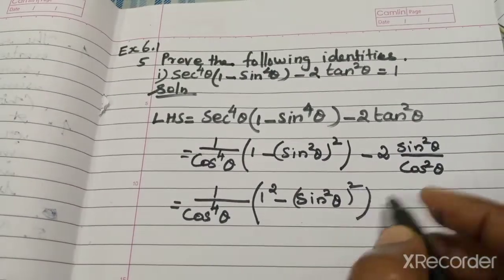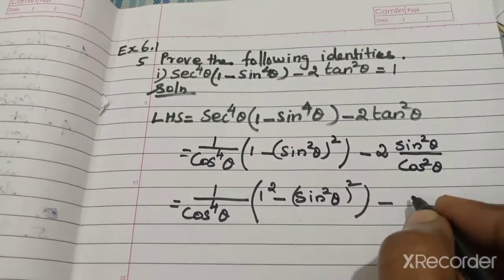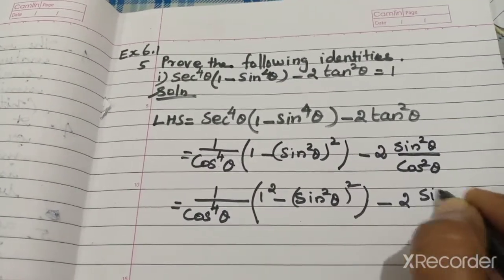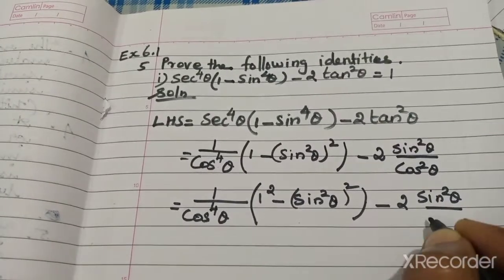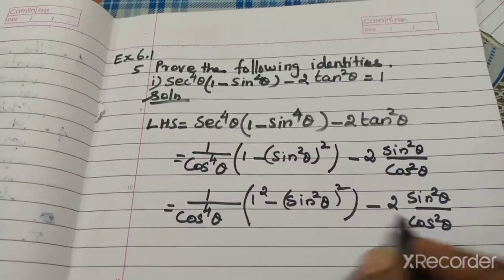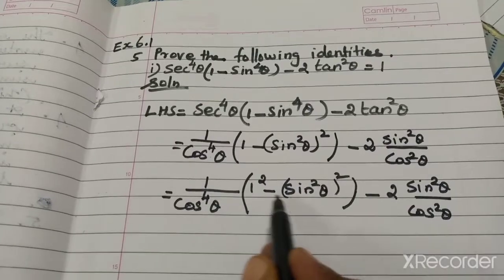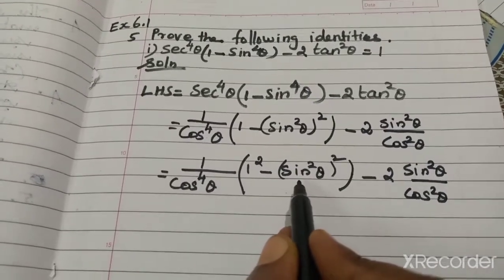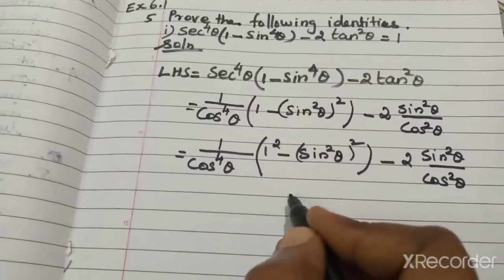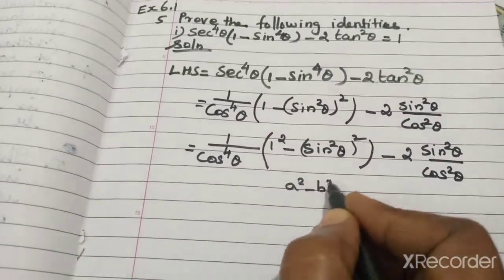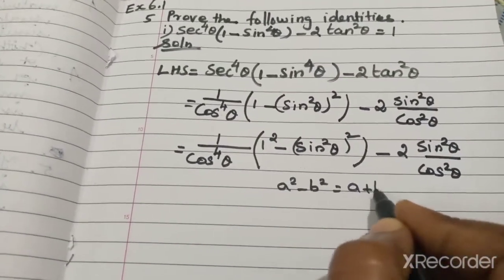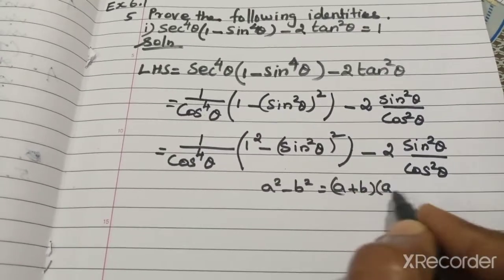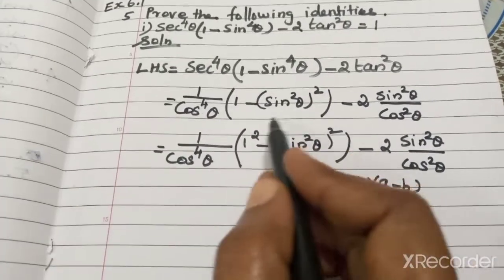Close this bracket, minus this term as it is, 2 sine square theta by cos square theta. Now it is in the form of a square minus b square. Here a is equal to 1, b is equal to sine square theta. A square minus b square equals a plus b into a minus b. This form we are going to use for this term alone.